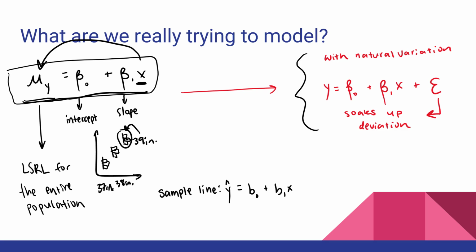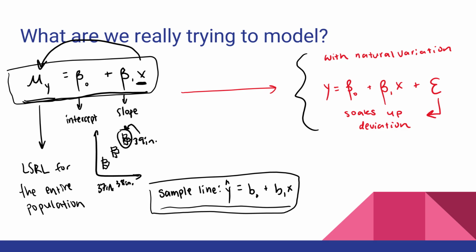Thinking more realistically, if we went out and grabbed 50 people and got their waist sizes and percent body fats and plotted them onto a scatter plot, that is clearly a sample of the entire population. So the line of best fit we would put through that scatter plot would be in this format. These are the sample variables for an LSRL: y hat is equal to b0 plus b1 x. This is reserved for when we have samples.